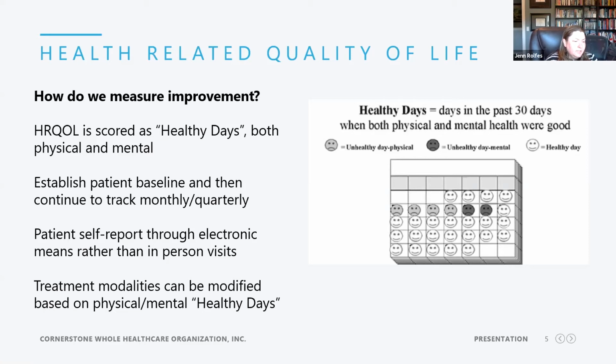So once we establish any kind of trending, then the treatment modality for that individual patient could be modified based on their physical and mental healthy days. We might find that they really need more mental health support than physical health support, or vice versa.